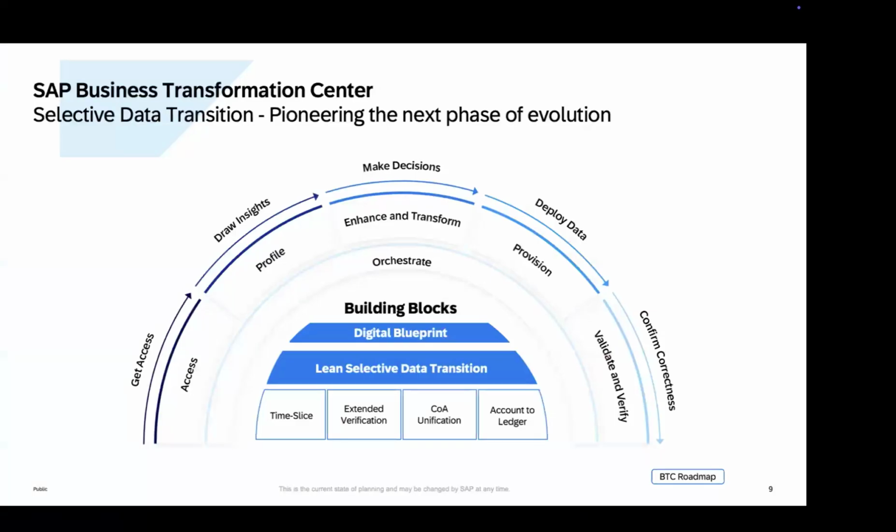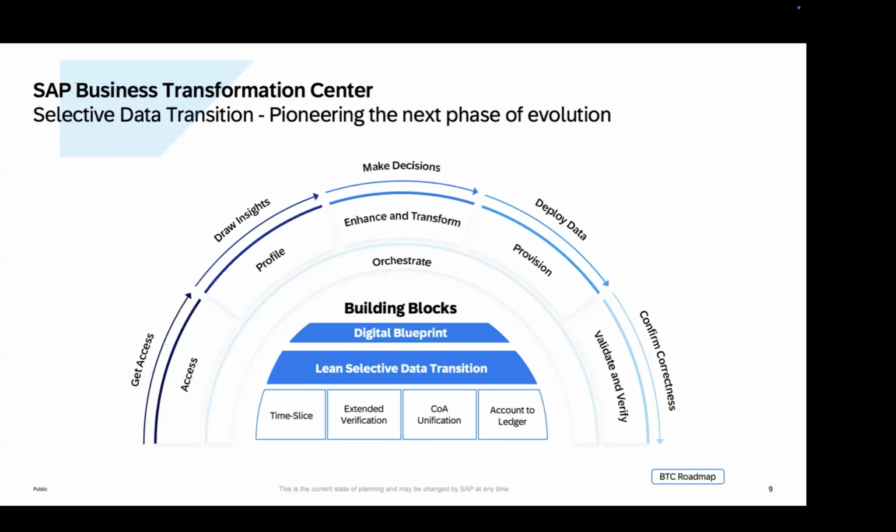So if we are looking a bit at the roadmap and at the different building blocks that we are envisioning looking forward for Business Transformation Center, as I mentioned, we released the digital blueprint at Sapphire last year. That was the starting point for our partners and customers using Business Transformation Center for their very early discussions around finding the right transition path, looking at their source system situation, maybe also use the result of digital blueprint for some housekeeping activities.